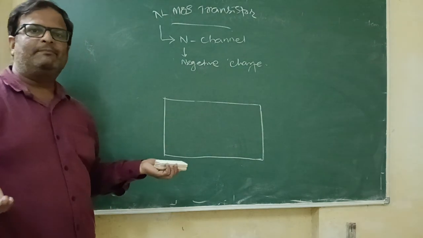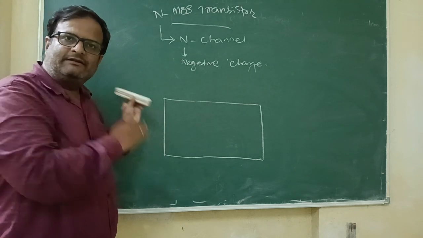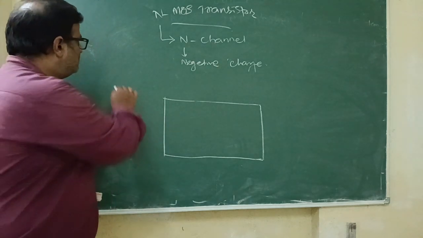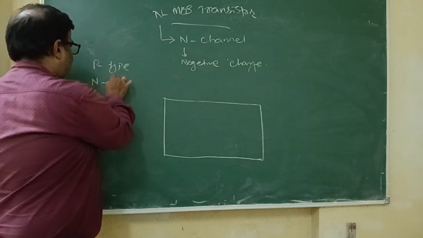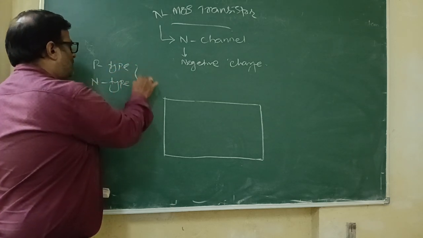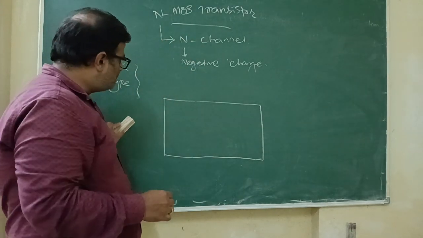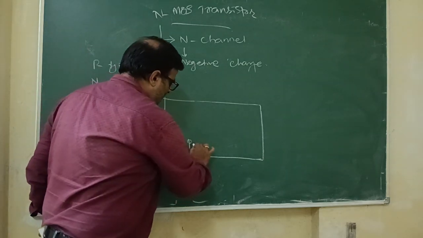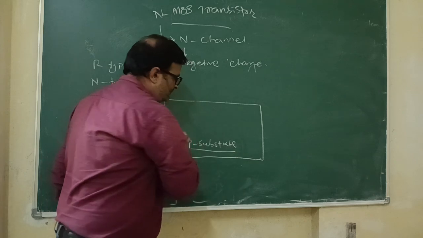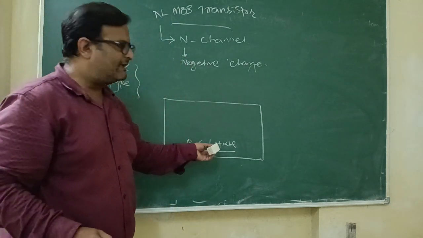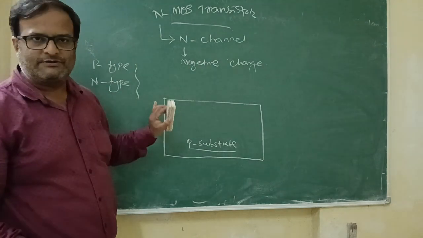We have two types of substrate in semiconductors: one is P type and one is N type. So if we have N channel MOS, that means the substrate must be the P type. So the substrate is P type, so that we have the N-channel MOS.